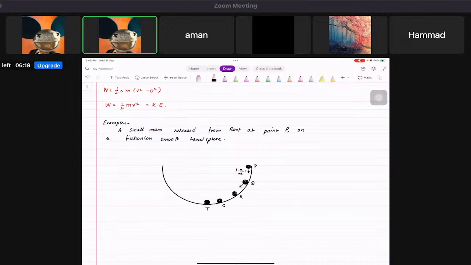Here, the velocity is 2.0. Here, in fact, I should write, it starts from rest, right? 0, no velocity actually. Here 1.0 meters per second, 2.0 meters per second, here 3.0 meters per second, and here 4.0 meters per second. So they've given the velocities.